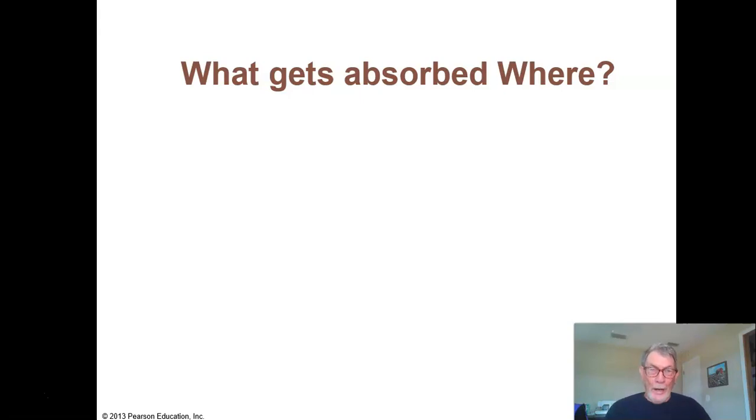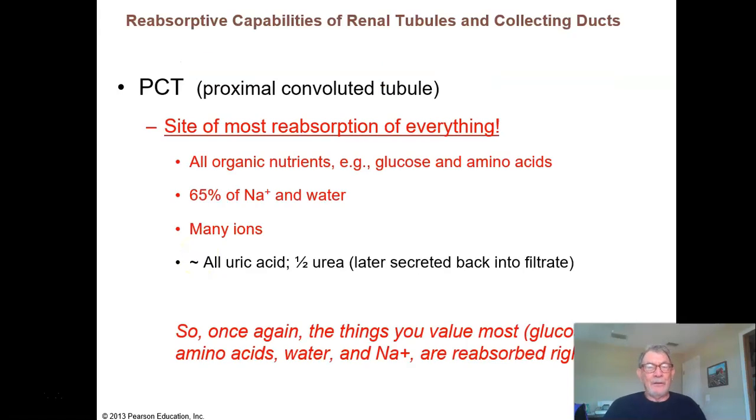So, where do your various things get absorbed in these kidney tubules? Remember, I said the different parts of the tubule have different things that they do. Well, the first thing to remember is that the proximal tubule reabsorbs most of everything. 65% of everything gets reabsorbed right away.